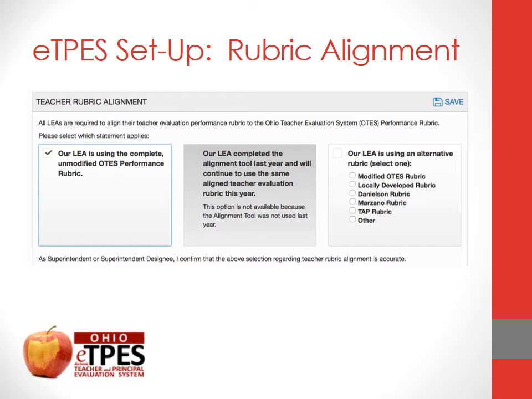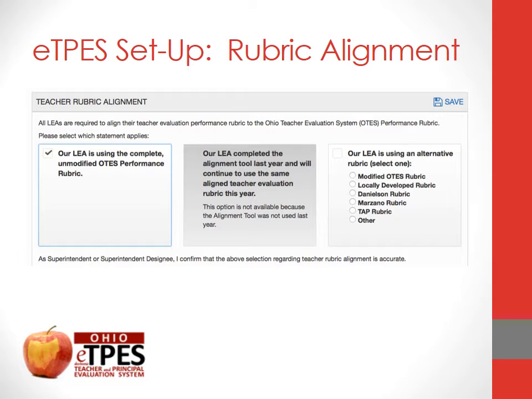In the ETPES setup, the district will enter their choice regarding rubric alignment. Districts will need to choose if they will use the unmodified rubrics for teacher, principal, and school counselor evaluation.